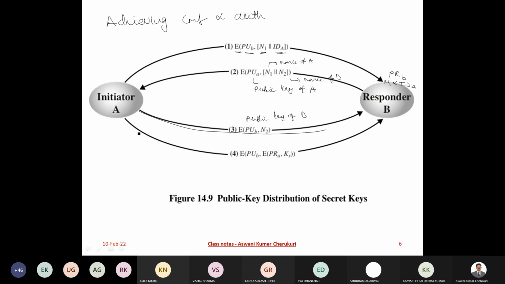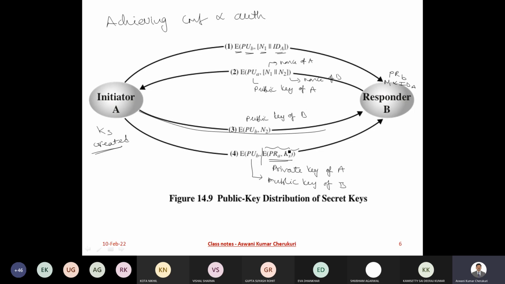Okay. Now A is creating a session key. The session key was created and A encrypted that particular session key with the help of the private key of A. So A has encrypted the session key with the help of the private key of the sender, that means A. Now that encrypted piece is again encrypted with the help of the public key of B. Since B receives this message, first it is encrypted with the public key of B, so B will decrypt it with its private key and gets this particular piece of communication.